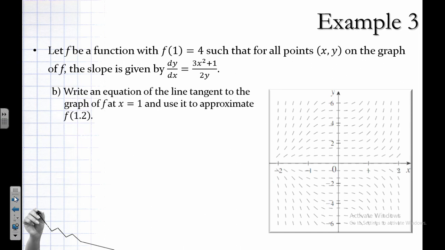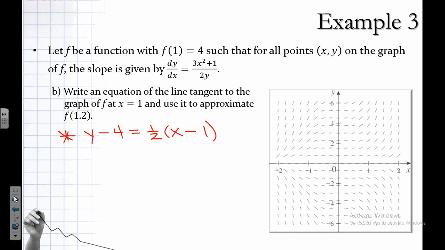Write an equation of the tangent line to the graph at x equals 1, and then use it to approximate f of 1.2. So tangent line. I'm losing track of who I've called on. Alex, how do we write the tangent line equation? y minus 4 equals the slope, 1/2, times (x minus 1). Okay, there is our tangent line equation.